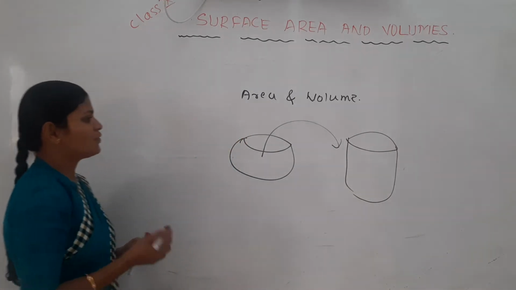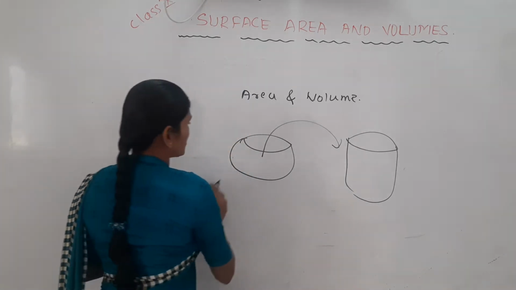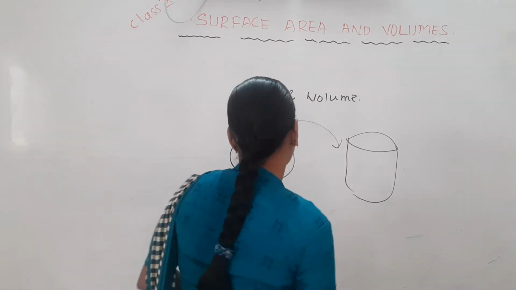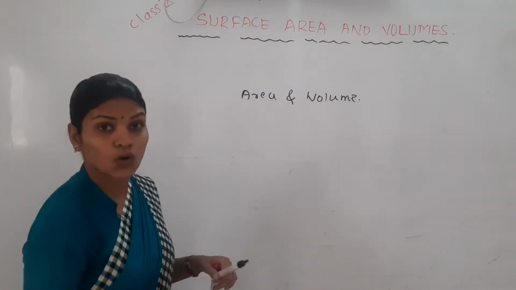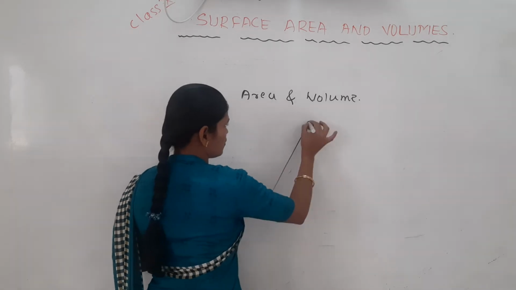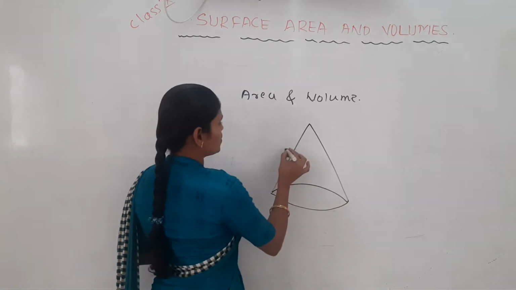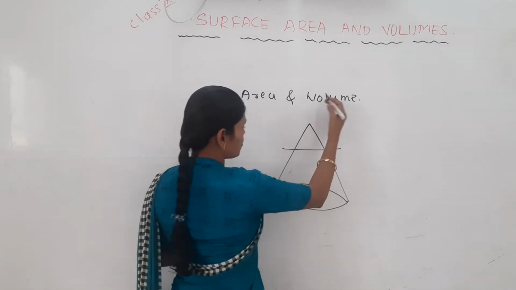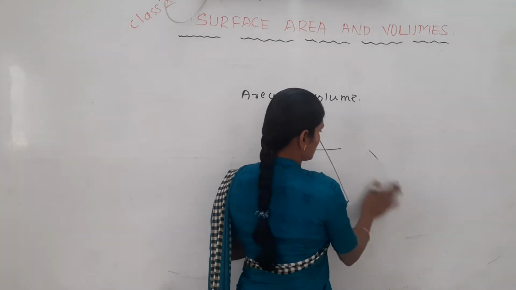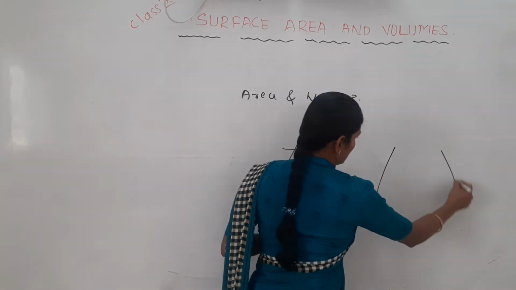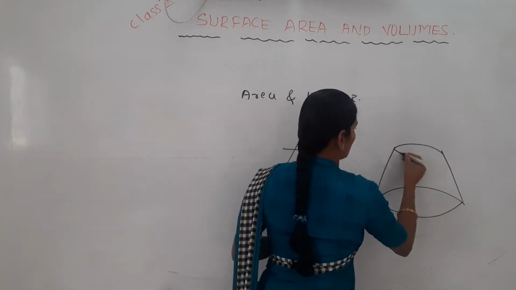And finally we will take one more different shape here, that is a frustum. What is that? Frustum means some portion of a cone. If it is a cone and you cut this part of the cone, your shape becomes like this, with both sides hollow.